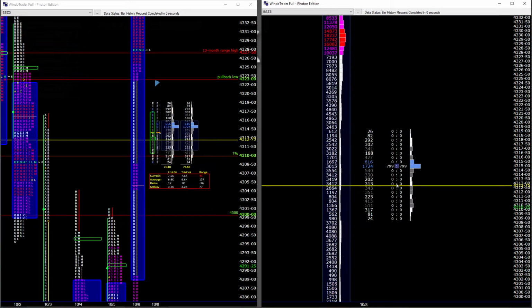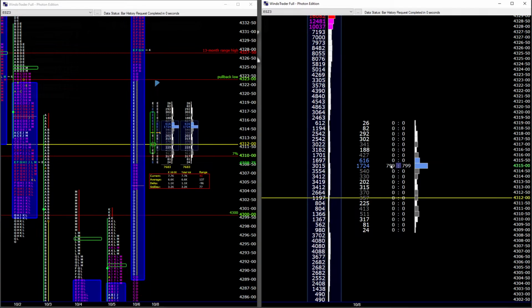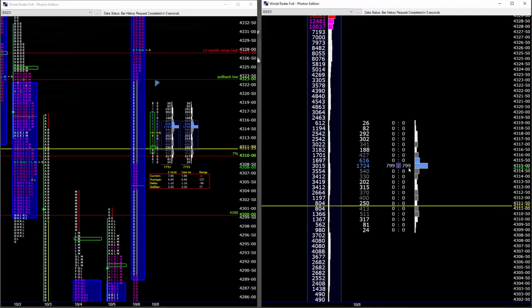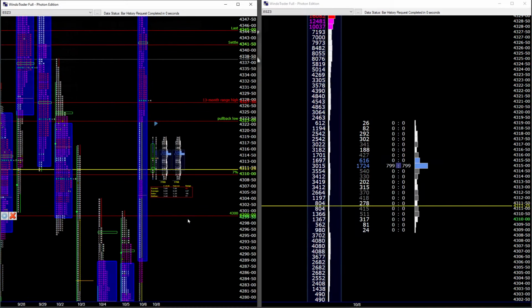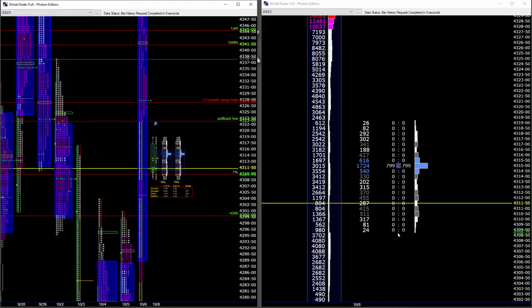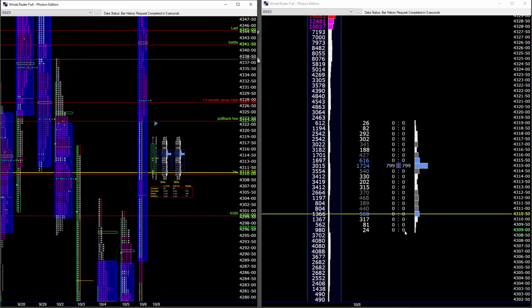Notice that after this big print, there were no other ones. Somebody wants to be seen here. Okay, the market opens here, comes up here, comes down here, comes back up through this. Now it's low again.